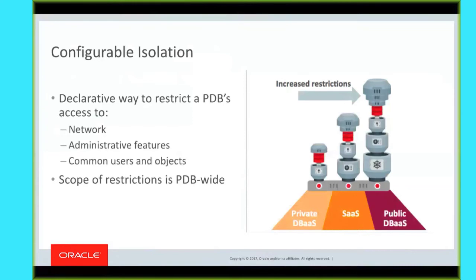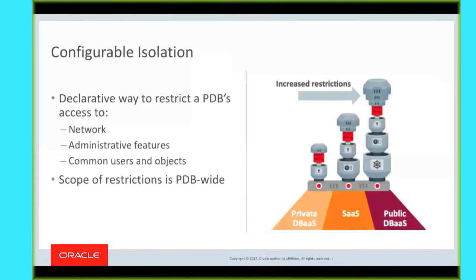On the right-hand side here, we have a small image showing different types of cloud deployments. As you see here, private database as a service, SaaS, and public DBaaS. As you may expect, the restrictions are going to be different, and you would expect increased restrictions as you go toward a public database as a service cloud.